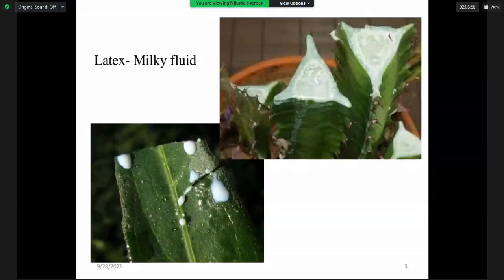On the fourth page, you should include your practicals, the practical introduction, then material and methodology. But here there is no need, we didn't conduct any experiments, so no need to write material and methodology. Introduction, then observation. For the observation, you should write or draw the images of what you observed.